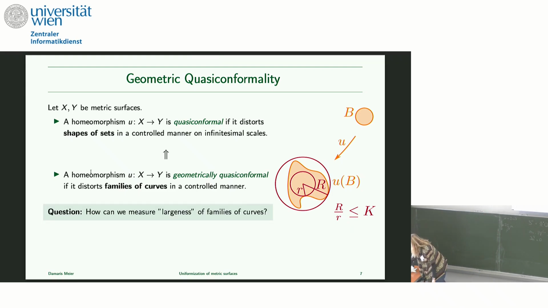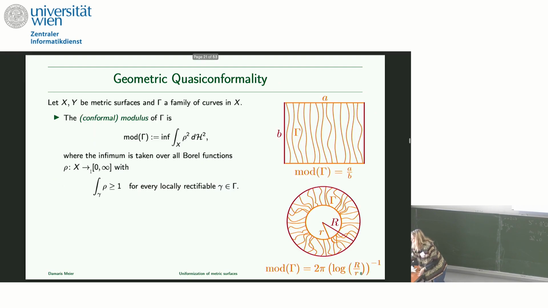And of course, how can we measure the largeness of families of curves? This is known as the modulus of curve families. That's an outer measure on curves in a metric space, and we can define it as follows. First, we put weights on our space.